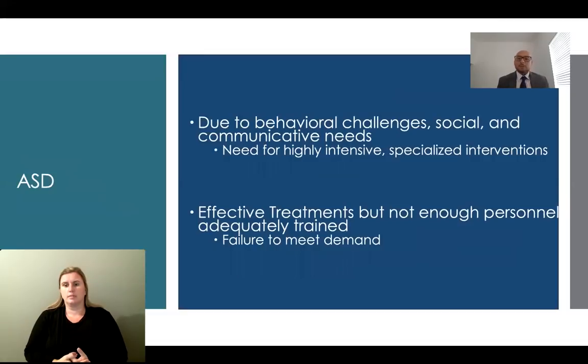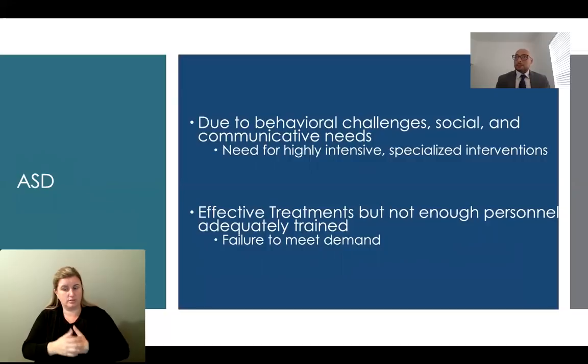And this is perhaps due to the behavioral challenges associated with students in need of special education services. In addition, due to the social and communicative needs of our students with autism, in most cases they require highly specialized, technical, individualized interventions to meet those impairments, as well as to foster the generalization and acquisition of skills.